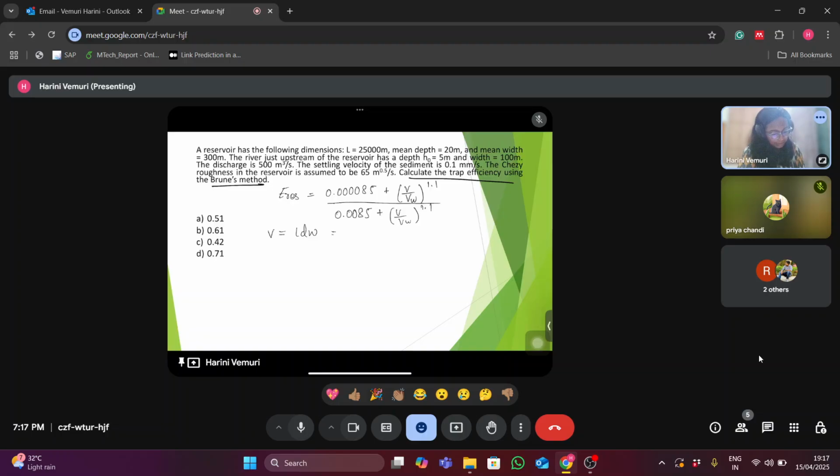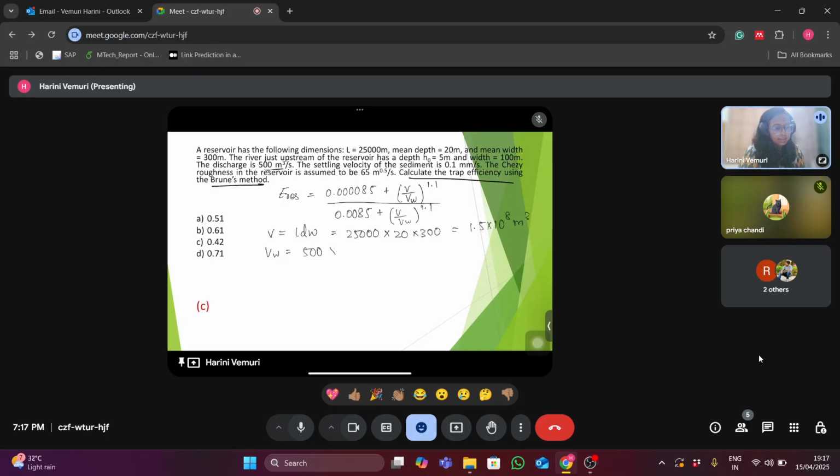It's calculated by multiplying length into width into depth. So 25,000 into 20 into 300, that is 1.5 into 10 power 8 meter cube. And VW is the annual average inflow volume. So we have inflow.